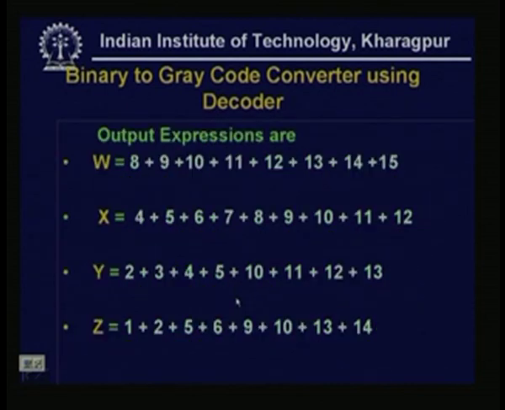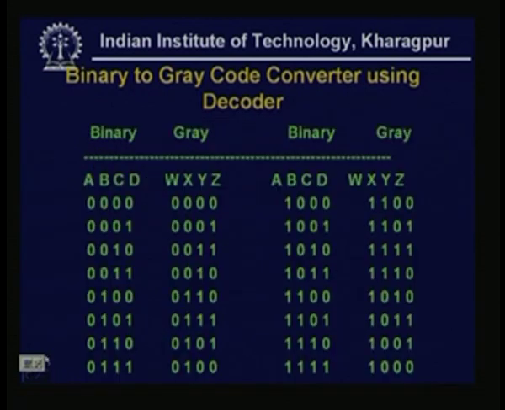Now, there are 4 output lines W X Y Z, so if we write the output expressions, W will be 1 when the ABCD values are 8, 9, 10, 11 up to 15. Similarly, X, Y, Z are there.